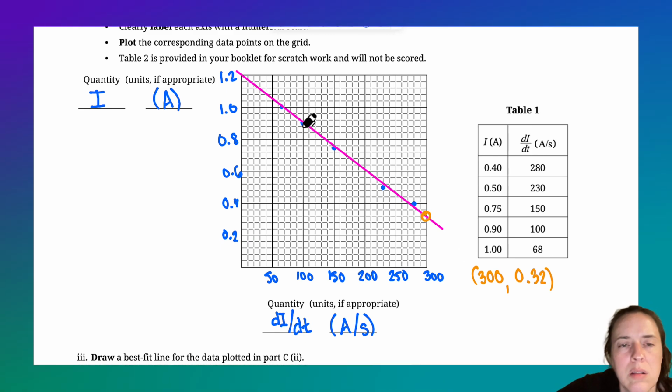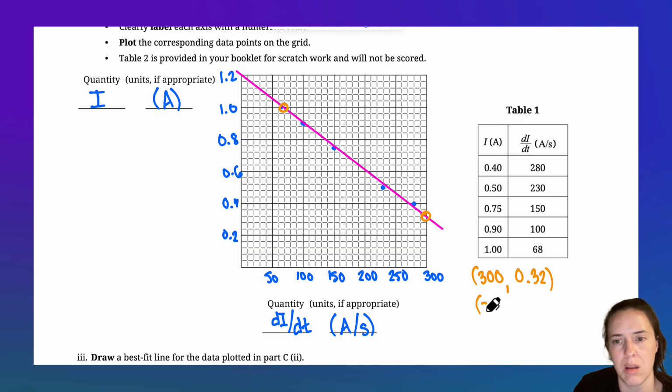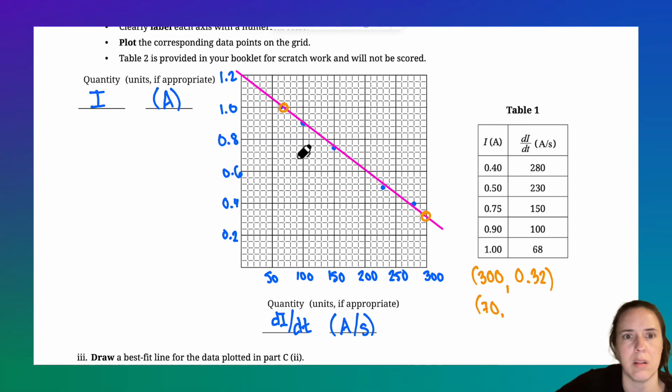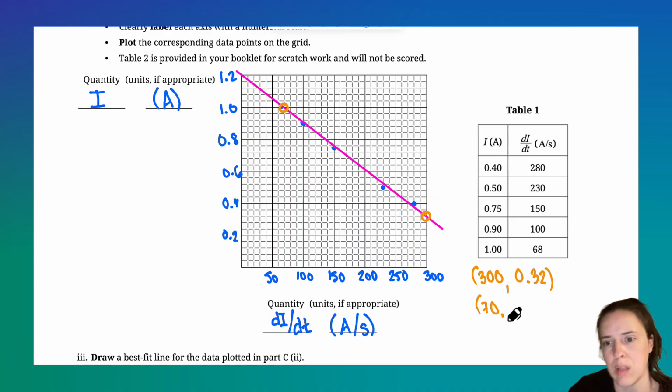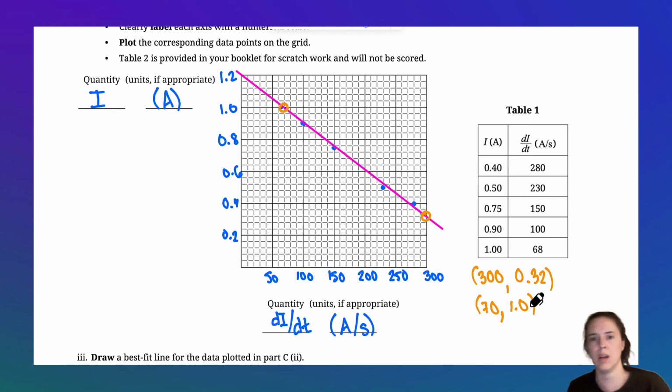And as far away from each other as possible would be nice, because then you get a more accurate answer. That looks like a nice cross. It's near a data point, but it's not a data point. So that's going to be 50, 60, 70. Apparently I can't count today. So kind of close to our data point, but not exactly our data point. Cool.